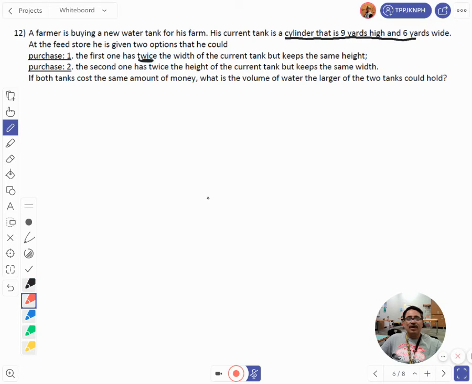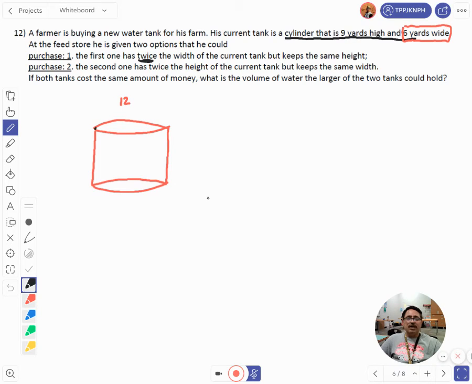If the width is twice, please see that here 6 yards wide, therefore option one comes with twice wider, which means instead of 6 yards wide, it becomes 12 yards wide. Width means from edge to edge.